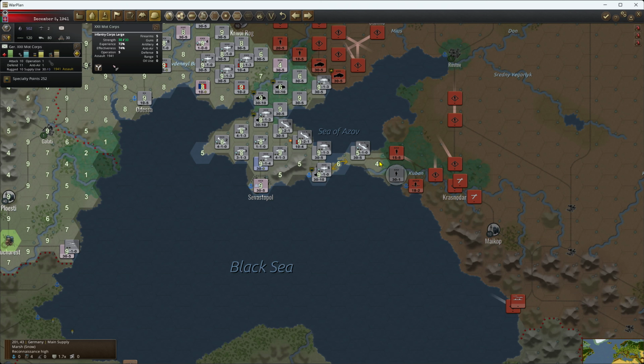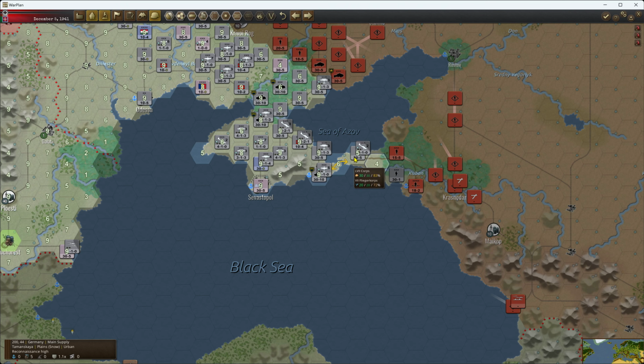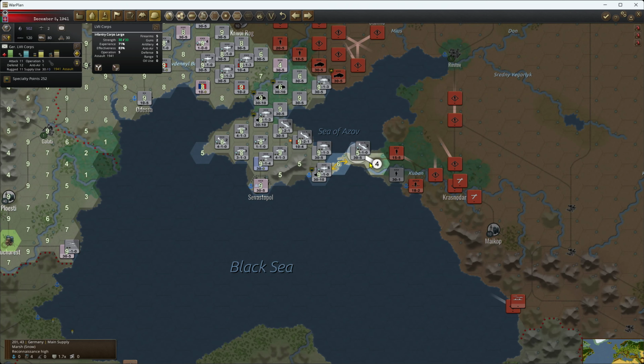He's got 1 operation point and he can't get back. So I gotta move this guy to cover him so he doesn't get cut off. Well, there's no supply here. So I'm gonna withdraw these guys. This is a dead end across this strait.